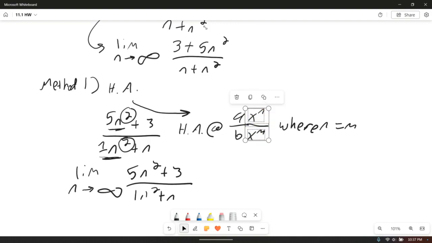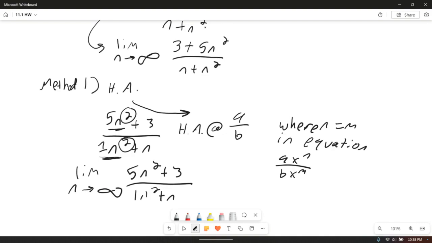The horizontal asymptote is going to be at a over b, where n equals m in the equation: a x to the n over b x to the m, and then the rest are lower-order terms, like a constant x to the n minus 1 plus x to the n minus 2, whatever.